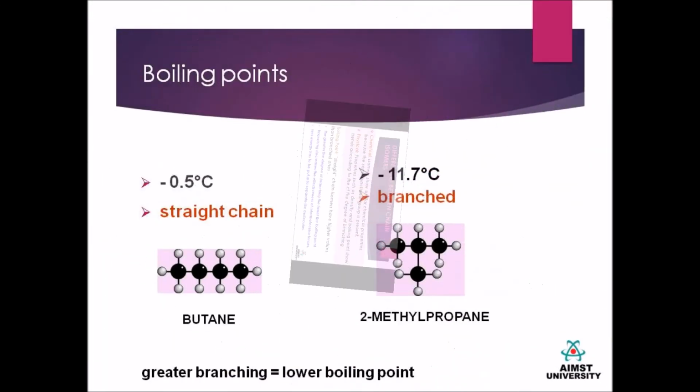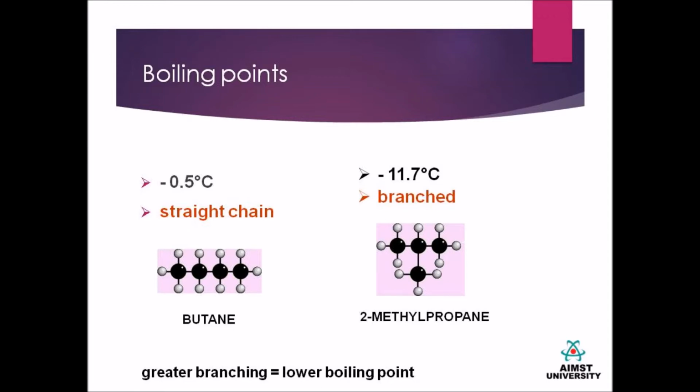The structure on the left hand side is butane and the structure on the right hand side is 2-methylpropane. Straight chains always have a higher boiling point compared to the branched chain.